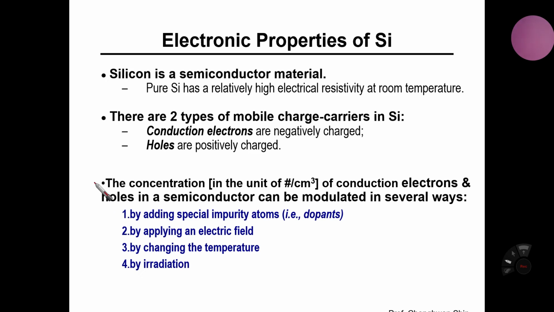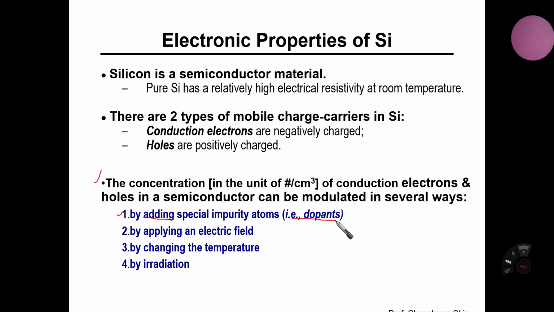All right, let's take a look at the third bullet. The concentration, in the unit of number per cubic centimeter, of conduction electrons and holes in a silicon semiconductor can be controlled, modulated, in several ways. What is the main way? Number one, as I told you, by inserting special impurity atoms, namely dopants.